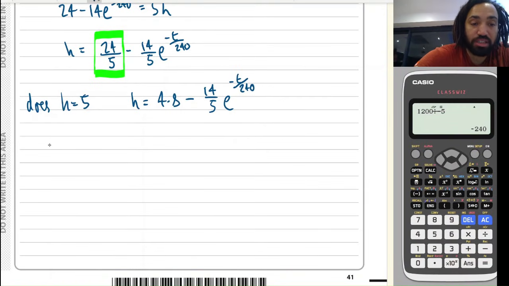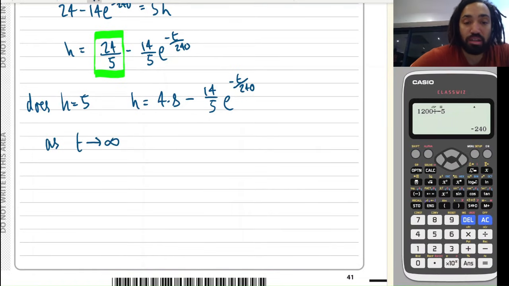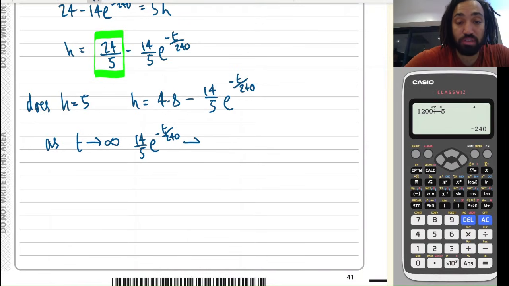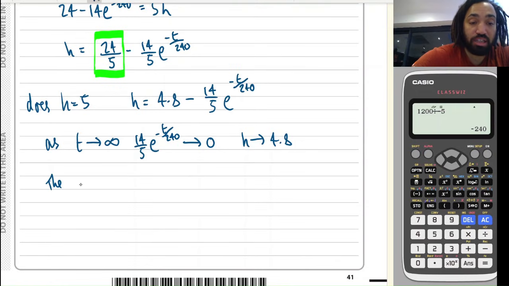So what we can say is, as t tends to infinity, this 14 over 5 e to the minus t over 240 will tend to 0. And this means that h will tend to 4.8. So therefore, the tank will never become full.